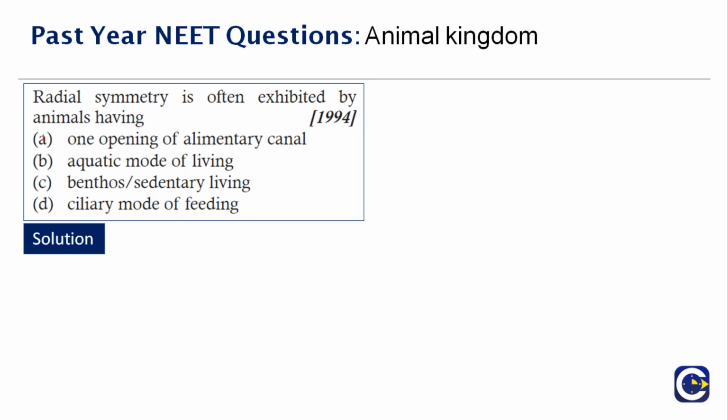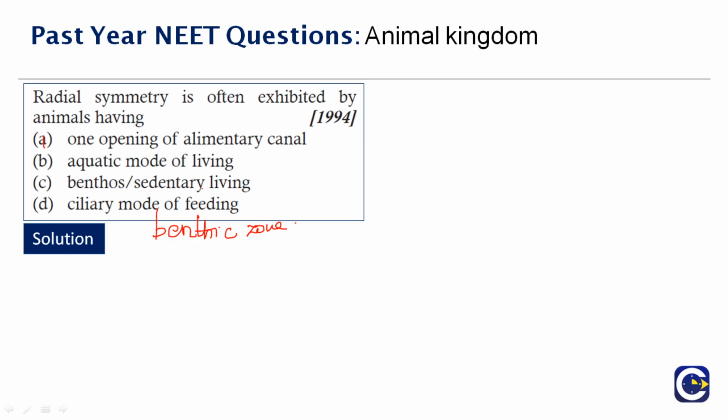They call it the benthic zone. Sedentary, they come to the terrestrial part also. So when we talk about the lower grade of organization, the population is vast, as I said. So it will have everything which can come into it. Therefore, the correct answer to this question is option C.